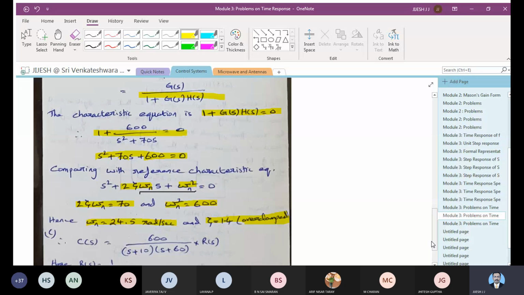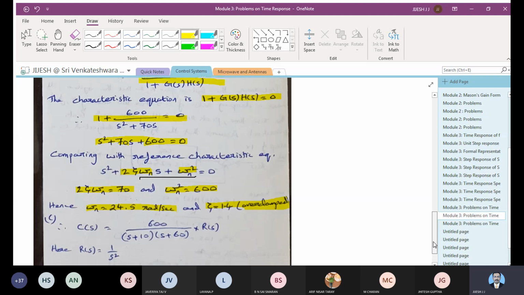For a unit step R of s is 1 by s, but here R of s is 1 by s square.